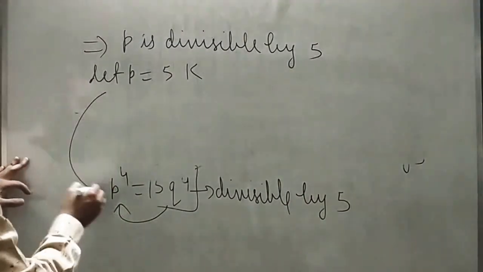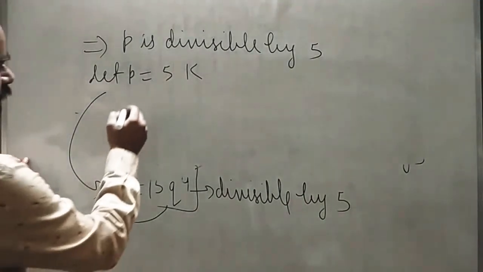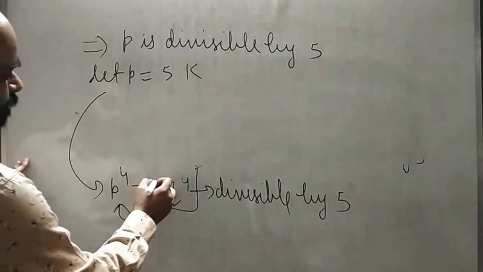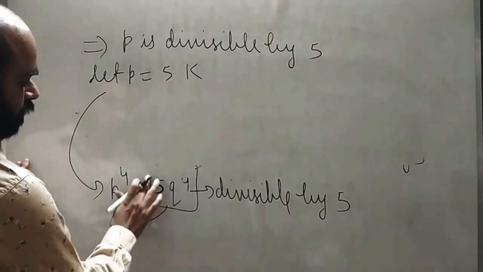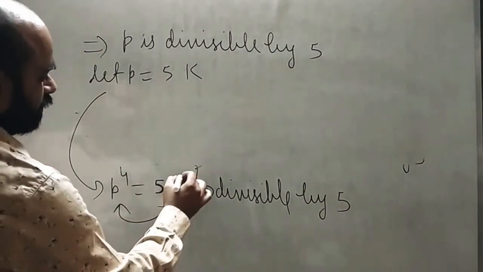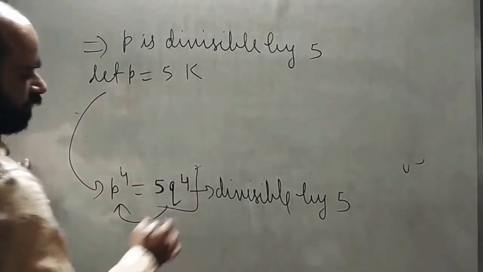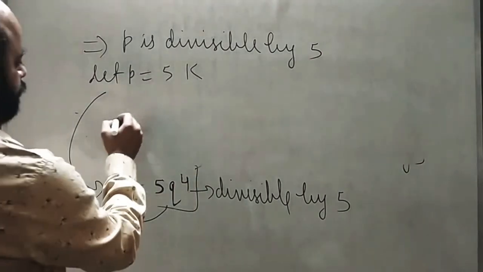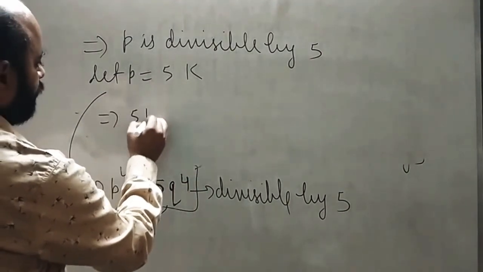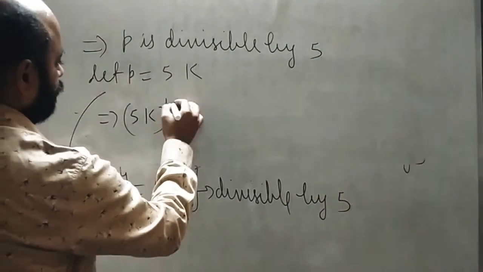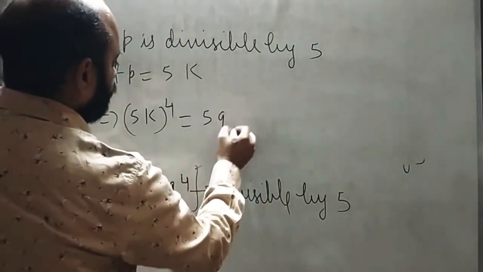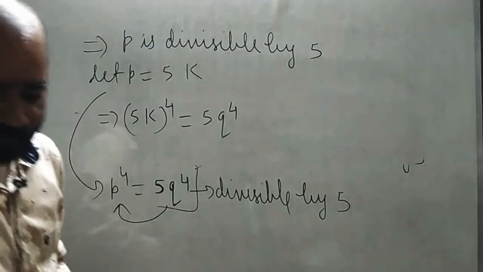Now substitute the value in this equation. The equation is p to the power 4 is equal to 5 times q to the power 4. So this will become (5k) to the power 4 is equal to 5q to the power 4.